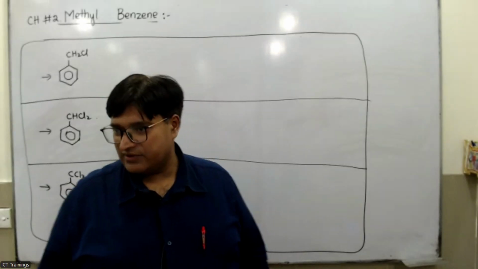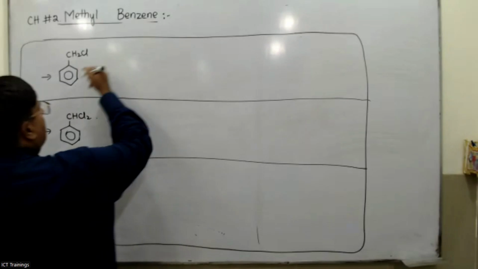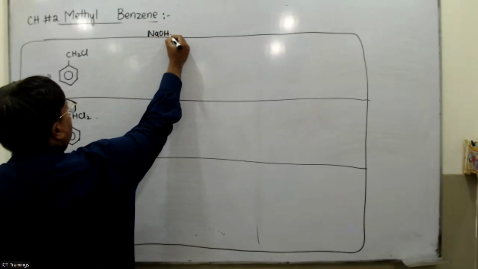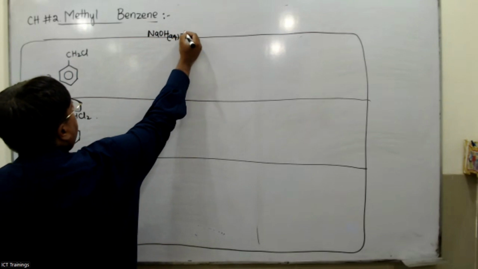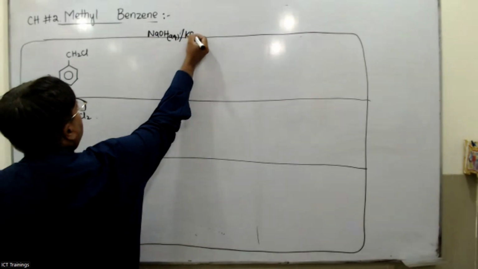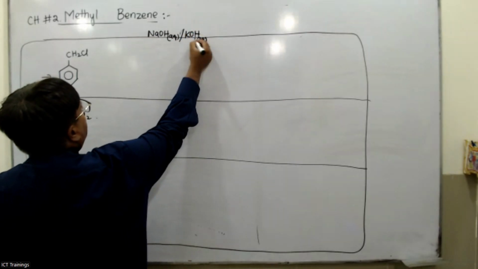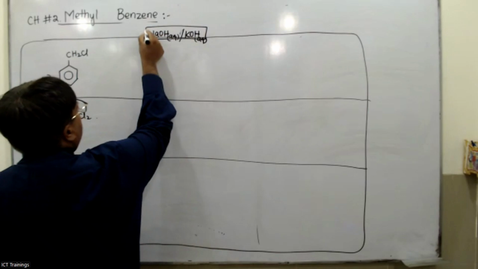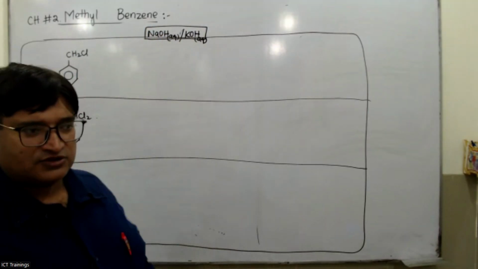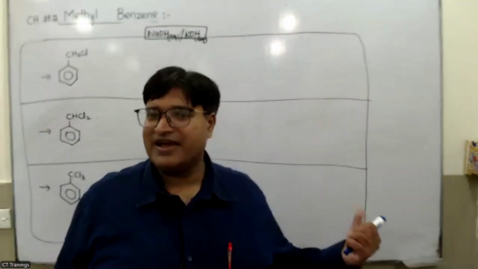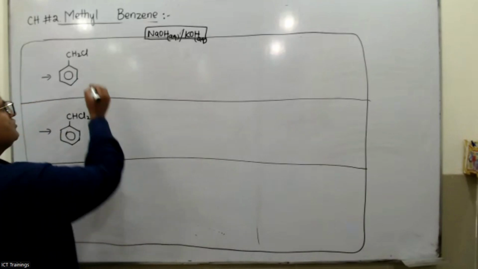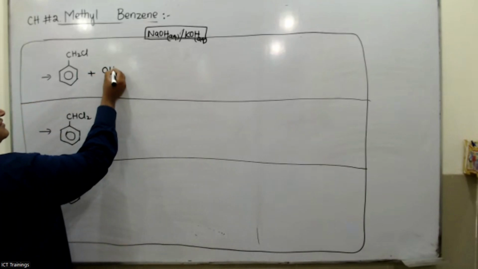I told you in A1 that if you add aqueous sodium hydroxide or aqueous potassium hydroxide, both of them are alkalis. They are going to produce OH minus ions.